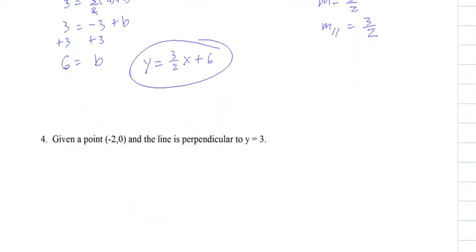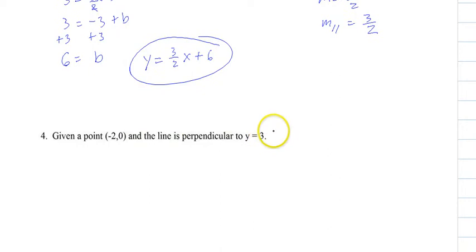Alright, this next one is special. If you notice, it says y equals 3. So this is a horizontal line, which means our slope here is 0. Now if we want the line that's perpendicular to it, that would be a vertical line. And the slope here is undefined.